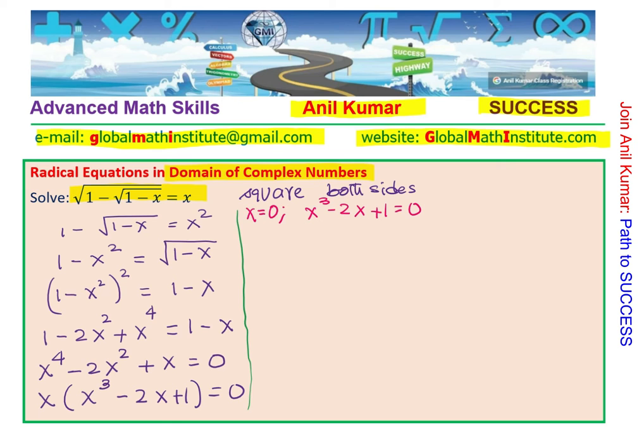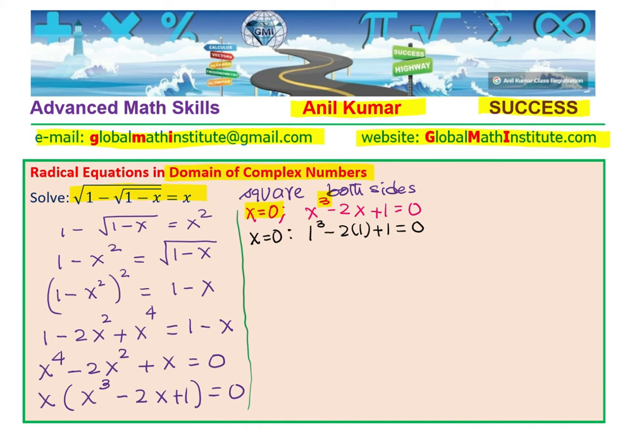Now, the other equation is a cubic equation. So how do you find the solution of a cubic equation? Well, trial and error. If I try the value x equals 1, then what do I get? I get 1 cubed minus 2 times 1 plus 1, and that indeed is equal to 0.